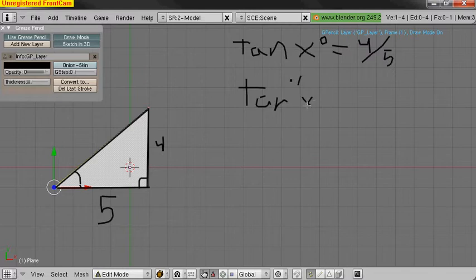Tangent -1, or negative first power, is what it literally looks like, but it means second tangent, or inverse tangent. And we want that of 4/5 to equal x.